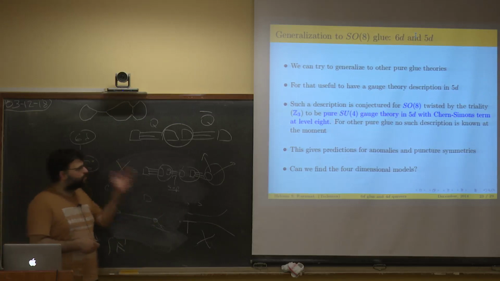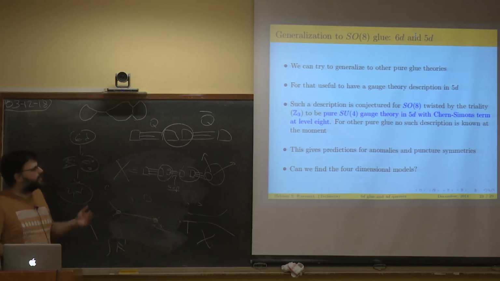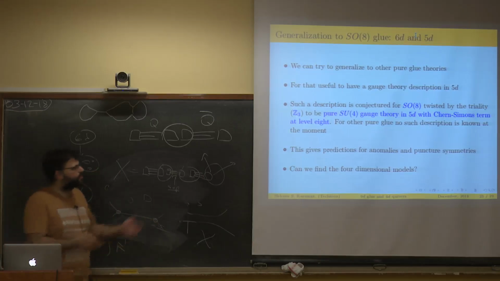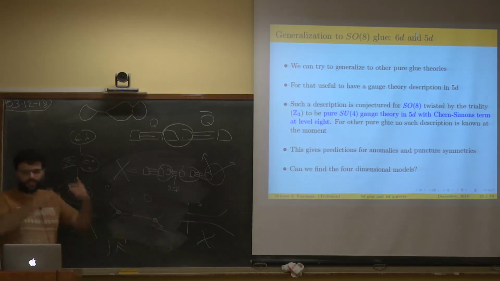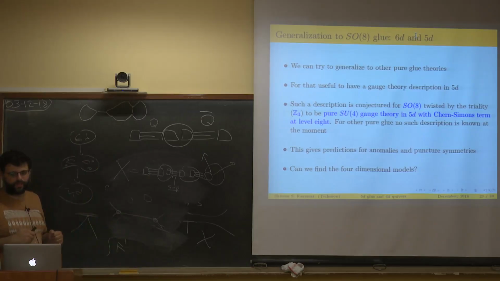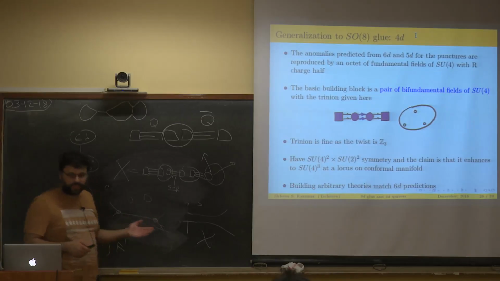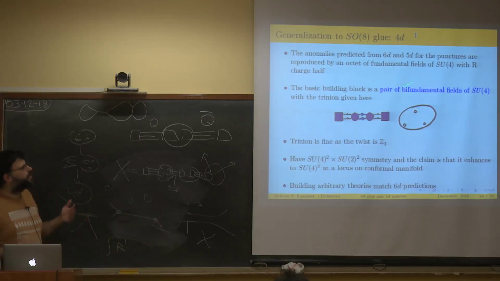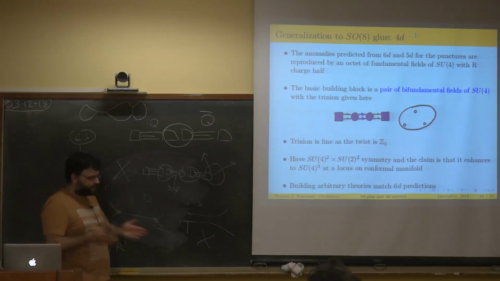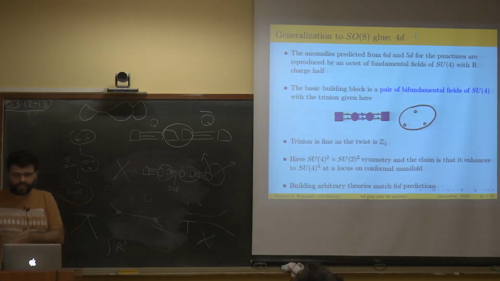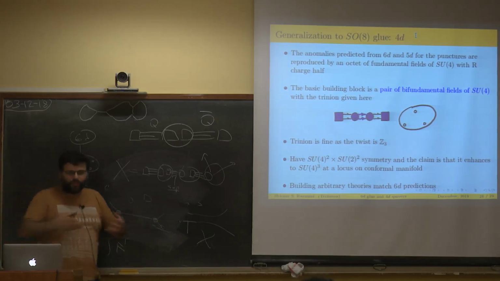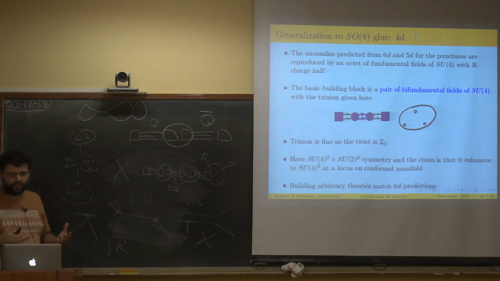Again, without the twist we don't know what it is, and so one can try to predict anomalies and so on of the theories that you get in 4 dimensions, following from the 6D theory and the information about the punctures. You can compute the anomalies, try to guess what the 4-dimensional theories are, and come up with the following prescription. Since the gauge theory in 5 dimensions is SU4, to glue things together you need to gauge SU4 symmetries.